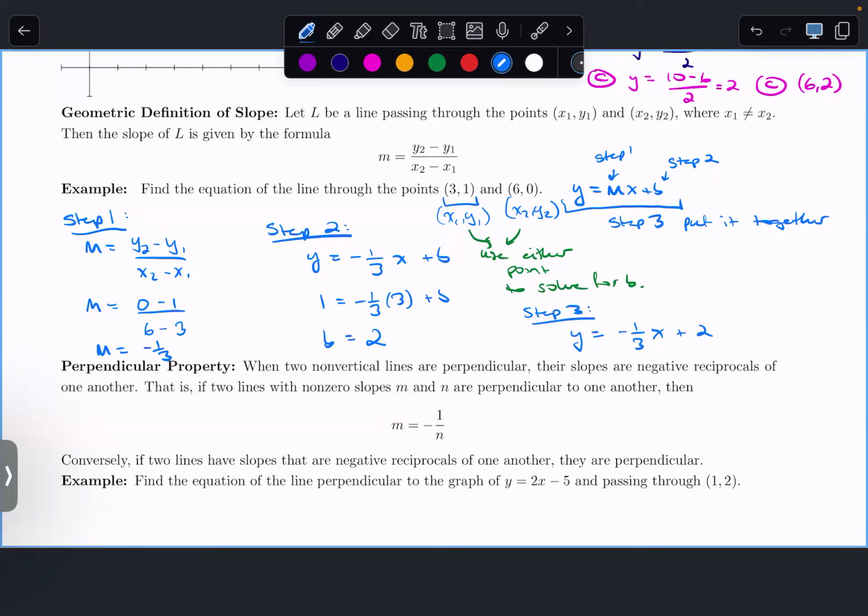And that's the equation of the line through those 2 points. So I can give you 2 points, you can find the equation of the line. Much like how if you have the equation of a line, you can pick 2 values of x and find the value of y that makes that true.